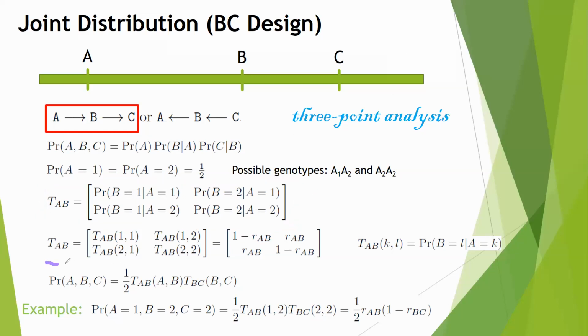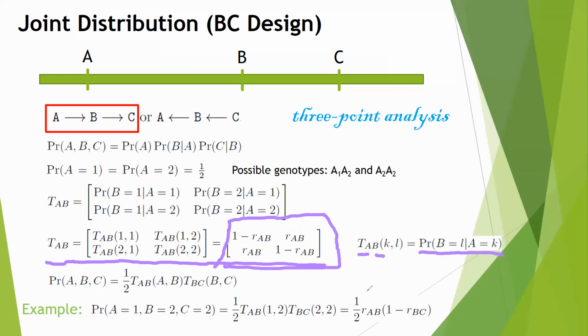All right, so now it's easy for us to write this transition matrix for the transition between locus A and locus B. Each element represents the specific probability for that transition, right?